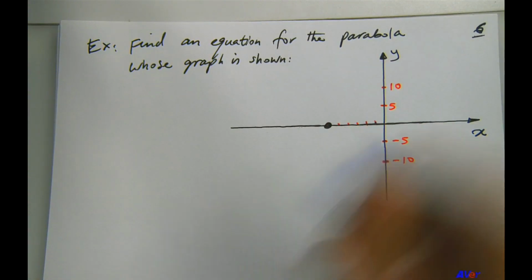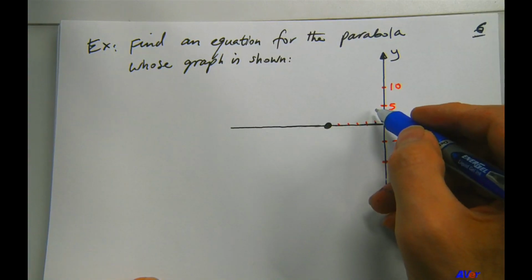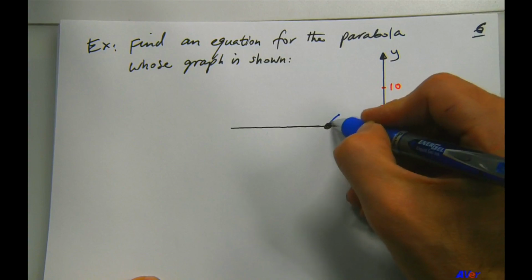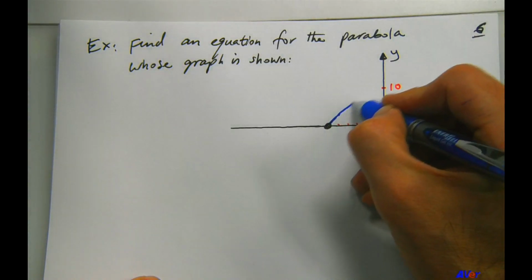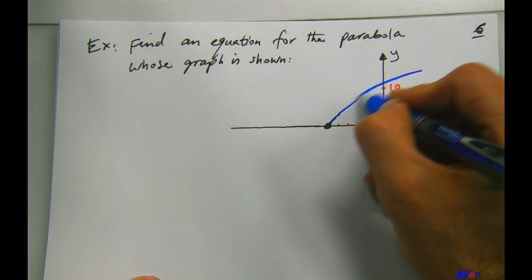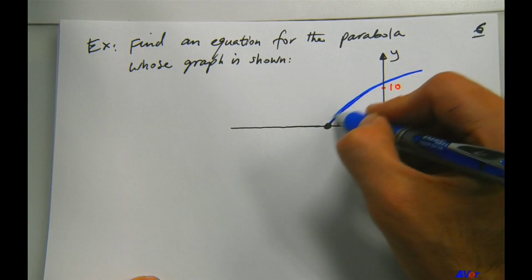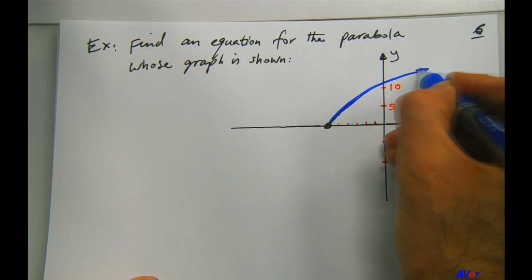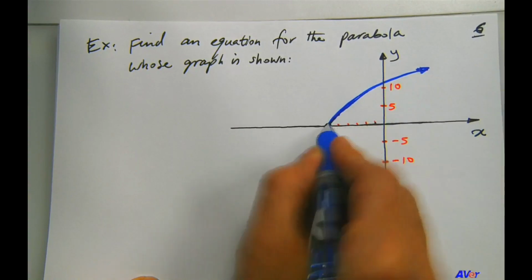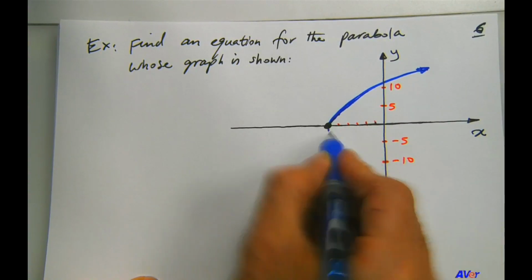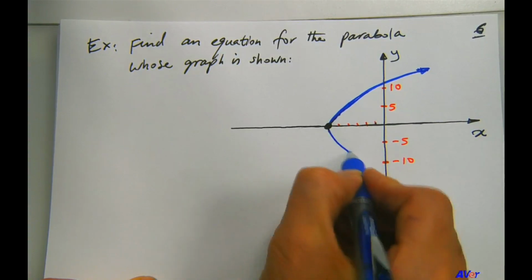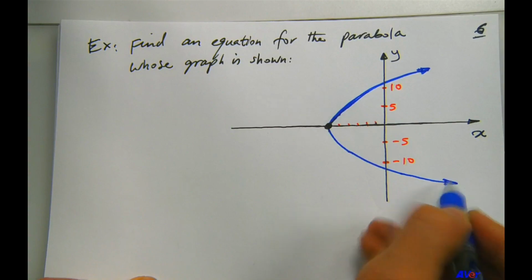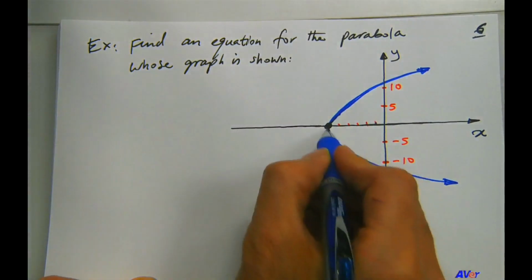So that's the vertex here. And the parabola looks like this. Like that.